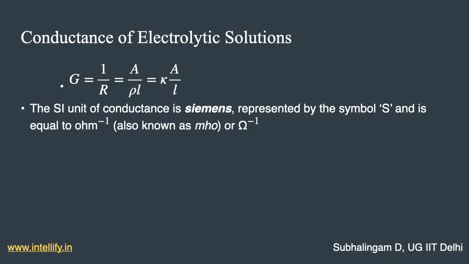I will talk more about it in the coming slides. Before that, the SI unit of conductance is Siemens, and it is represented by the symbol S, and it is equal to ohm inverse. By the way, mho is also used to represent ohm inverse. It's just putting ohm the other way around.